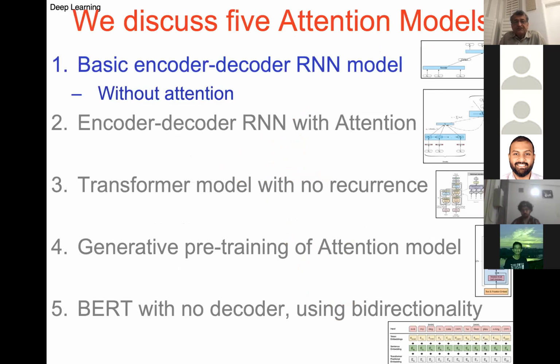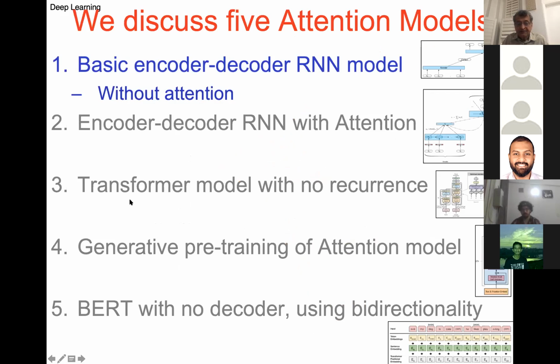So we discussed 5 attention models: basic encoder-decoder recurrent neural network model without attention. Right? We saw some of it earlier on. We'll again look at it, encoder-decoder model. And we're talking about machine translation type of problem here. And after that, we look at encoder-decoder RNN with attention.